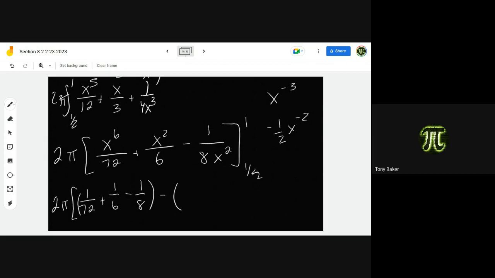What's 64 times 72? 4608. 1/2 squared is 1/4, so that's 1 over 24. One fourth is there, so that's 1/2.